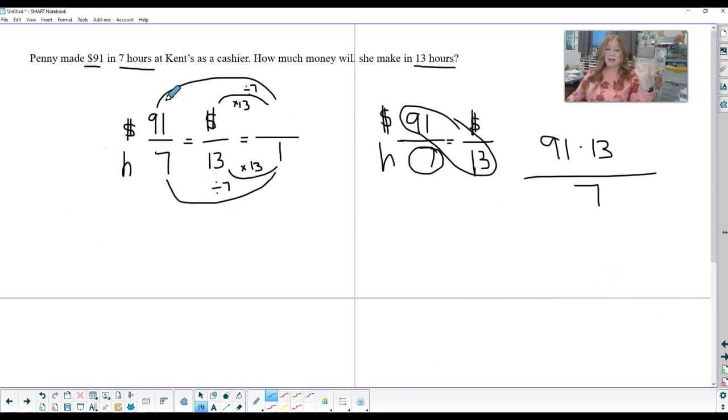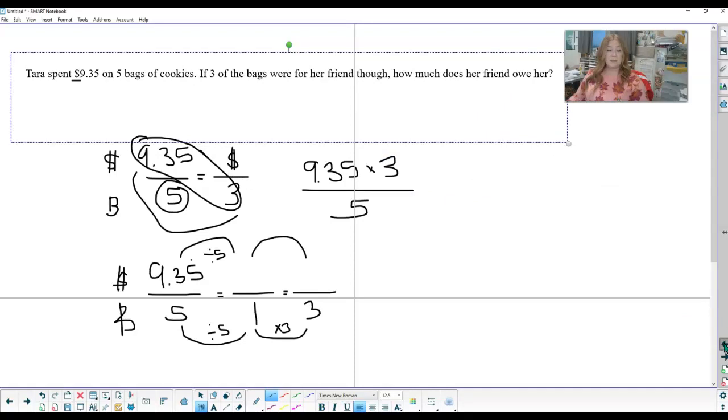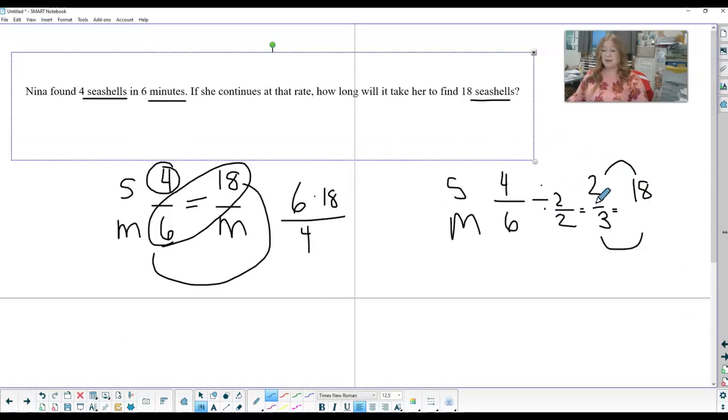We can find the one and then give it to the other one. Or we can try and find what we need all alone by moving that to the other side. Sometimes it's even just simplifying it to find a number that can go into that other one. So lots of ways to do the same thing, but they all start with setting up your problem and making sure you have those labels.